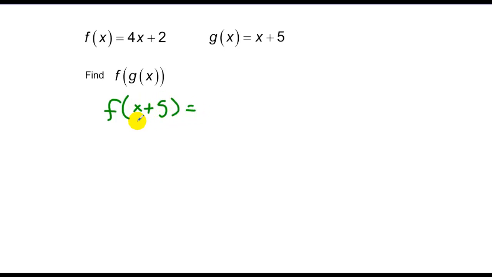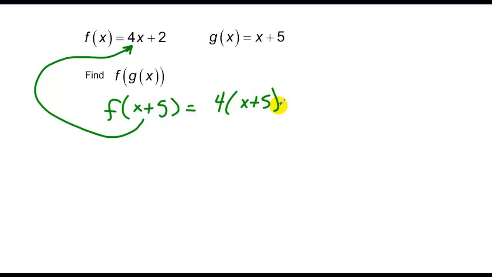And now it says take this x plus 5 and substitute it in for every x in the f function. So we have 4 times the quantity of x plus 5 plus 2, or 4x plus 20 plus 2, or 4x plus 22.